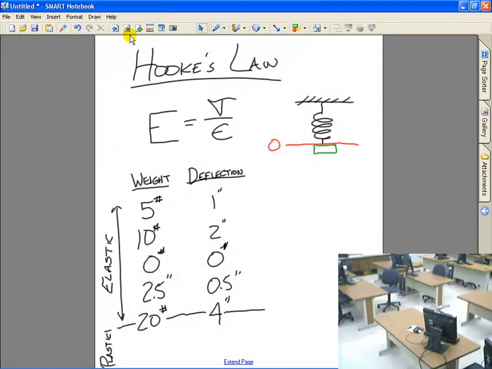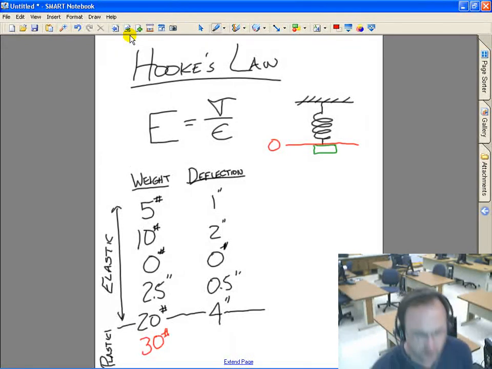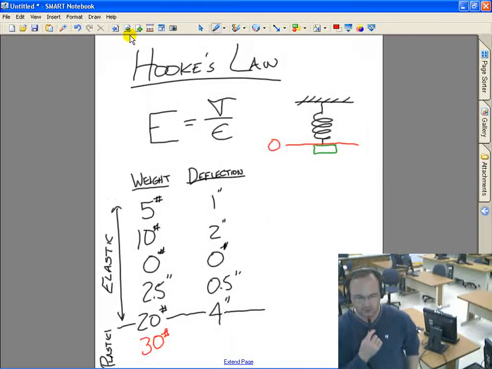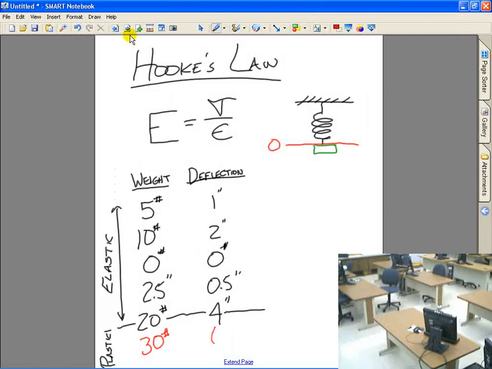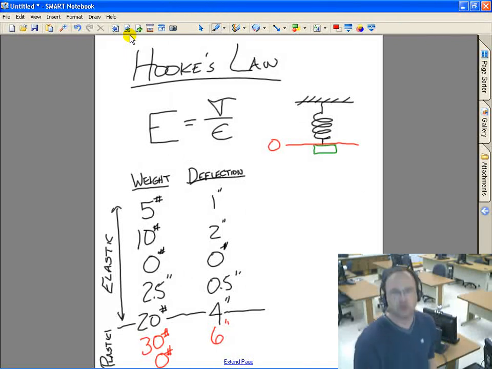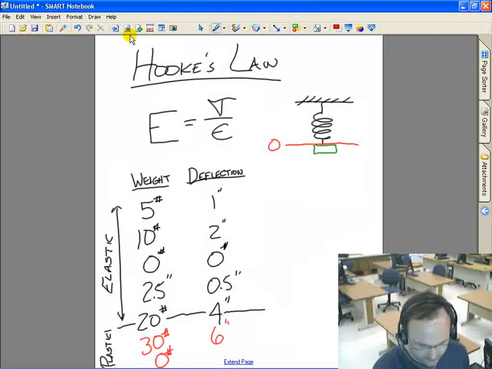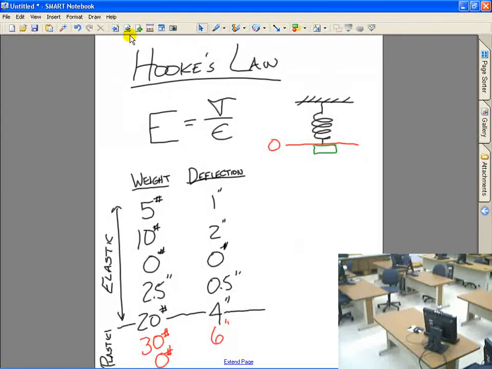So if we load this up to, say, 30 pounds, how many inches do you think we'll have? No, let's say it was 6 inches. And then when we go back down to 0, what happens? Are we back to 0? The answer is no. We're now at, well, let's not say 6 inches.